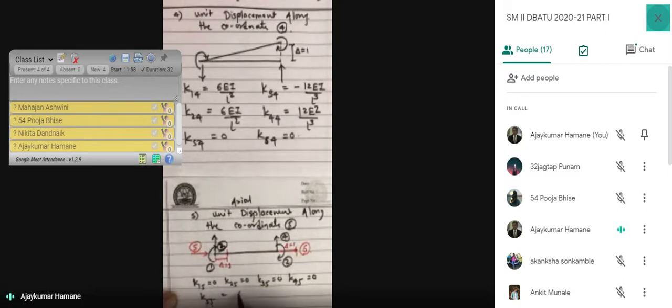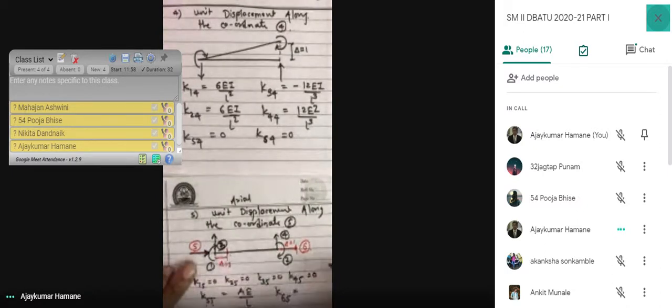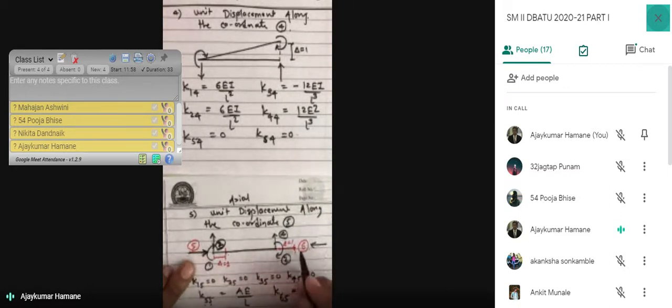So the axial force is AE by L, and K65. Now when the displacement is like this, and the force is applied like this, to resist this force along 6 we have a force in the opposite direction, but the coordinate 6 we have assumed like this.